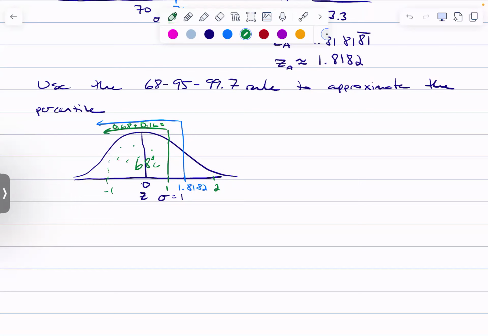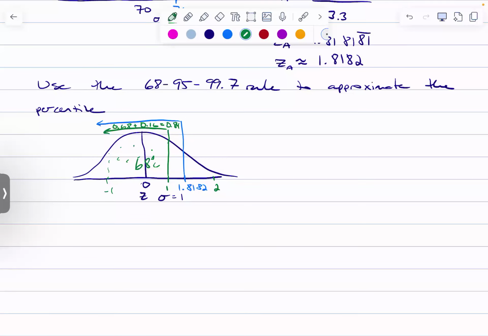I need more space. I really cramped my own style. So 0.84 is going to be the area to the left of a Z of 1, or anything 1 standard deviation above the mean.